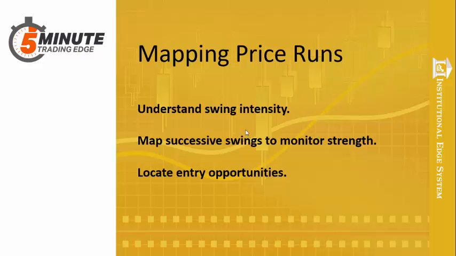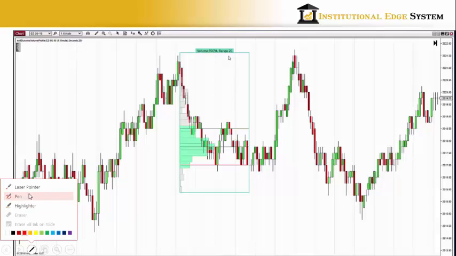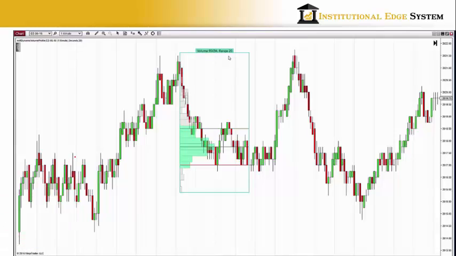And the 2 primary ways for us to do this as we locate our entries is to measure the swing's volume and its range. So thanks to our dynamic volume profile, we're able to take a look at this. A lot of people will use things like Fibonacci retracement or Fibonacci circles.